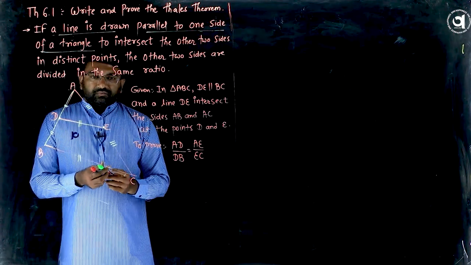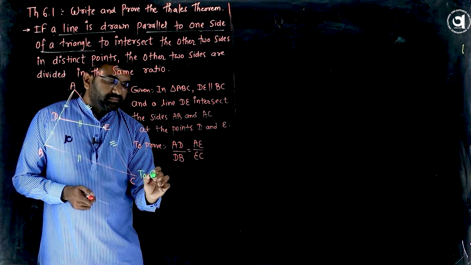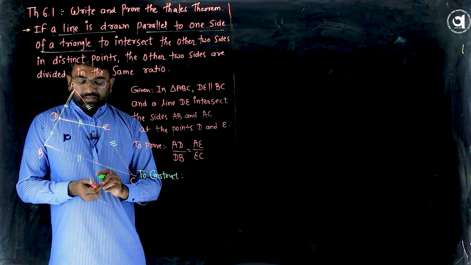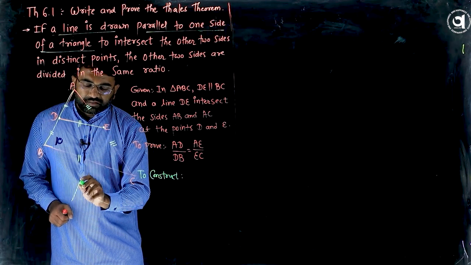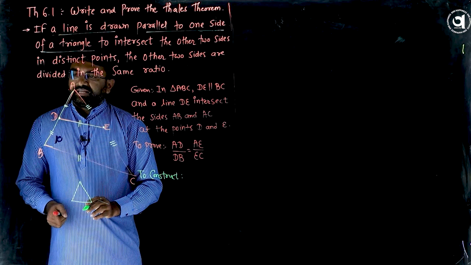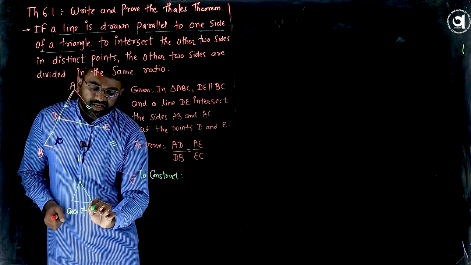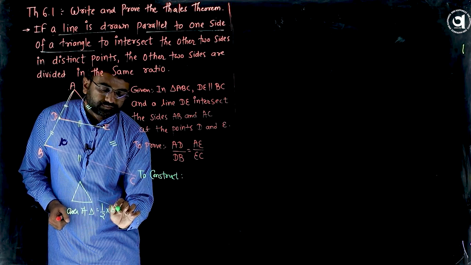So for that we need to construct something. Here I mention what we have to construct to prove this theorem. And here I am explaining, whenever we write any triangle's area, the formula for the area of a triangle is 1/2 into base into height.